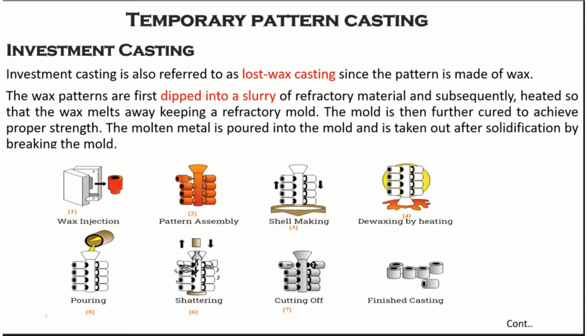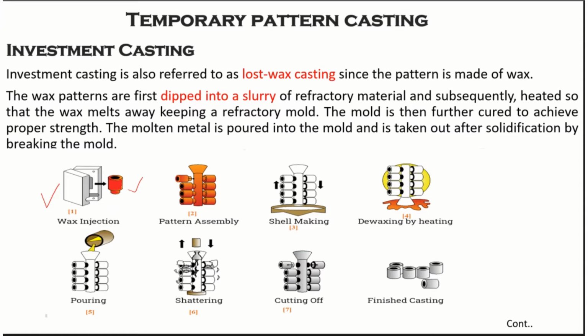How are the wax patterns prepared? Let us say initially a die is placed here. Into this die the pattern will be prepared by injecting the wax. Once the wax pattern is prepared in the die, the pattern will be taken off. So this one is taken off.